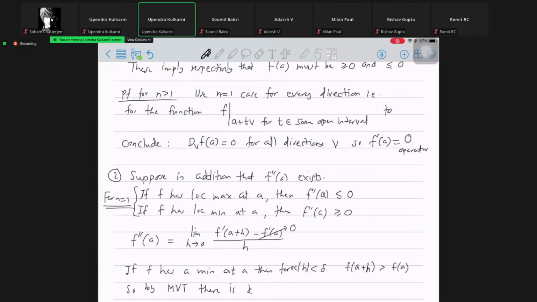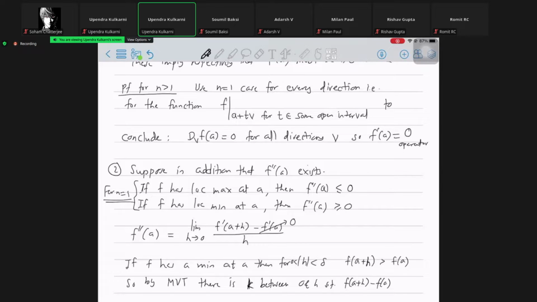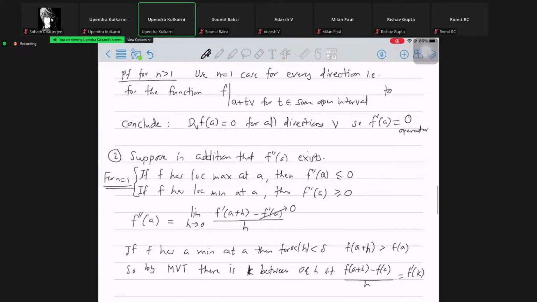There is, let's say, k between 0 and h such that f of a plus h minus f of a, which is greater than 0, divided by h, is equal to f prime of k. So what does this say?